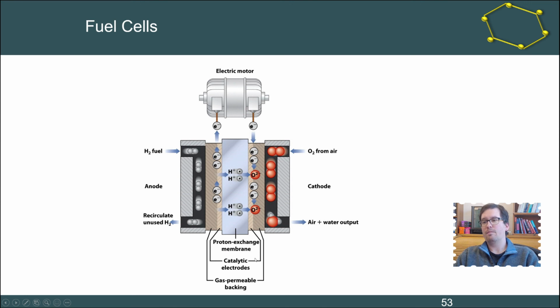So we have our actual electrodes doing the work. We have, again, this O2 minus intermediate state combining with protons to form H2O. So this water vapor is our output. So that's a convenient, environmentally friendly output there. And we can again use that current to drive a motor forward. So a lot of research is going into these, and there are practical prototypes out and about now. As far as the availability of hydrogen, well, that's going to be your biggest challenge right now.